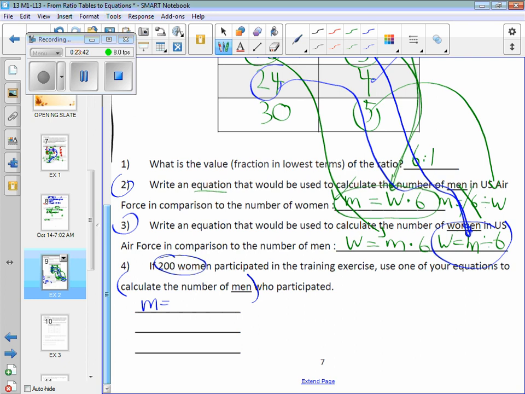Which equation was the one for M? Okay, what was the equation? We're going to rewrite it. Okay, everybody do that because we start with equation, substitution, answer. So now here comes the substitute part.